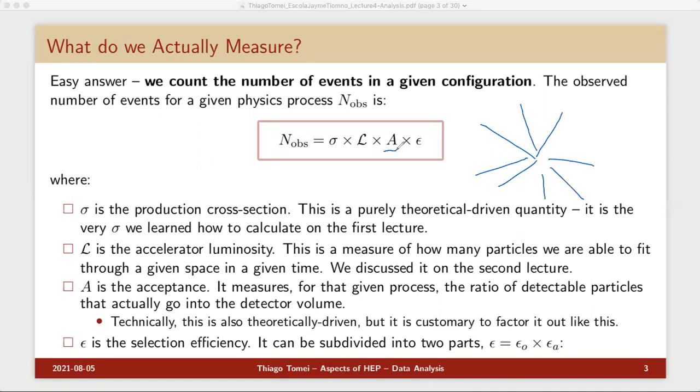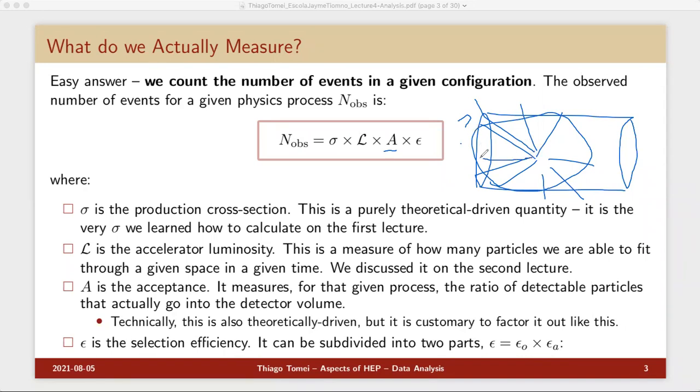A is the acceptance. How many of these particles actually go into your detector? Because remember, even though you have your detector as a layer of detectors around the collision point, some of them don't go there. Some of them go into the cracks that I discussed, for instance, in the third lecture. Some of them go down the beam pipe, where the particles are coming from.